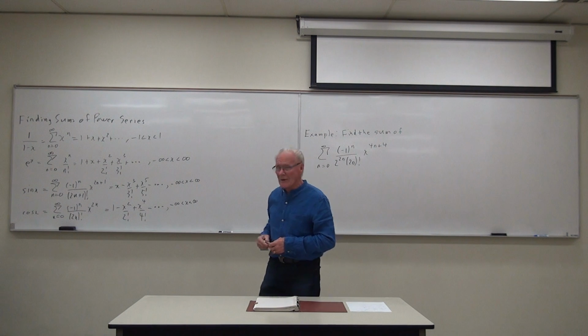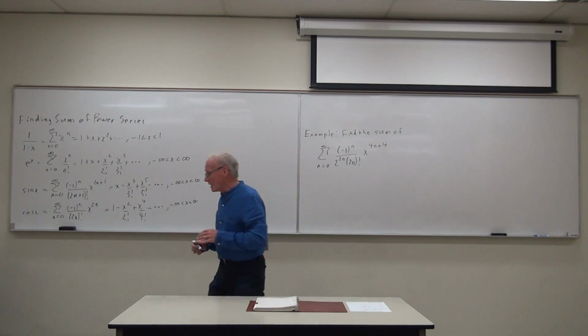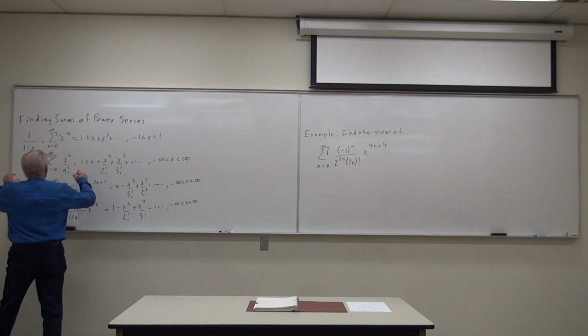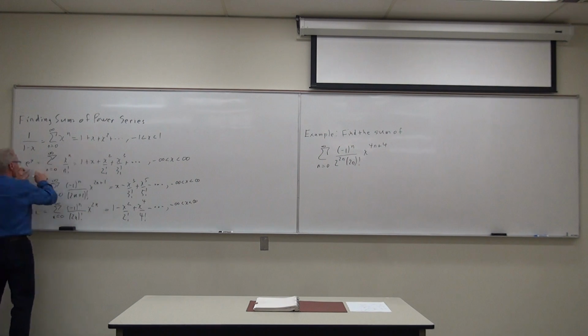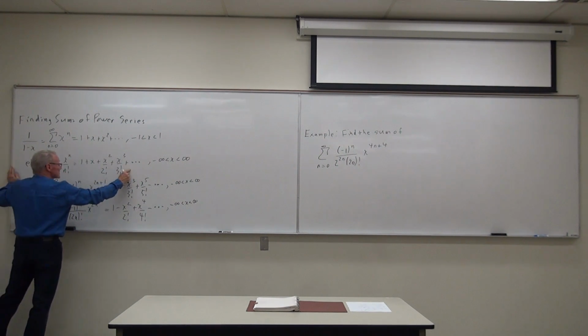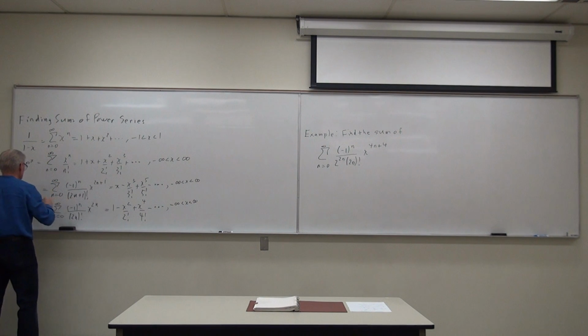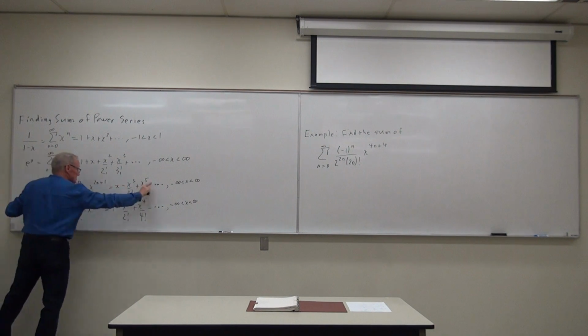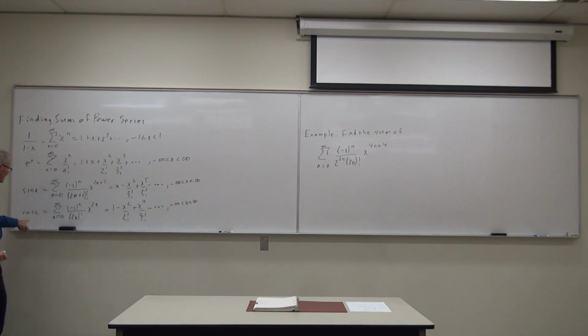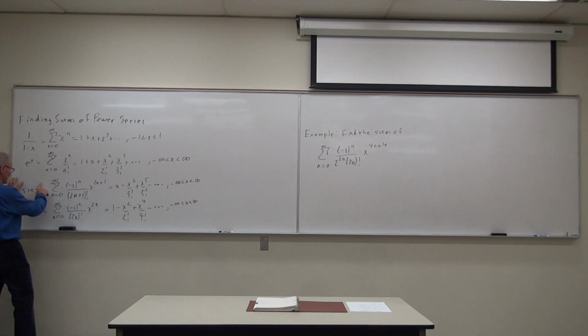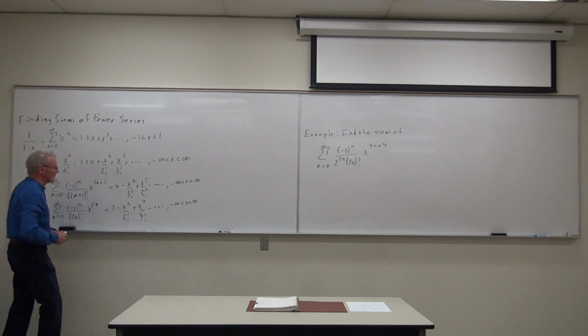I've listed here 4 series that we've seen. We've seen this one being geometric. We saw that this was the Maclaurin series for e to the x. We saw that this is the Maclaurin series for sine x. I didn't talk about this one, but you can derive it the same way you derive the Maclaurin series for this one. For cos x, it turns out to be this.